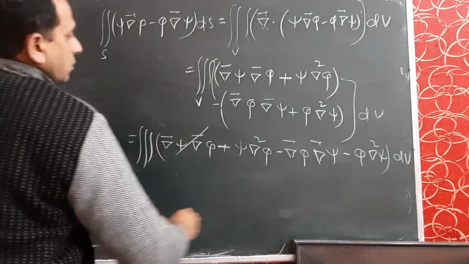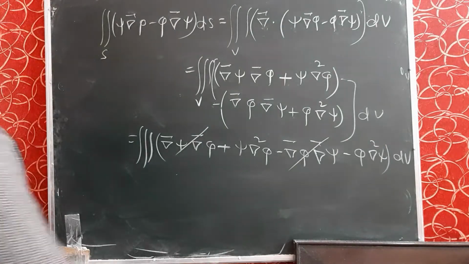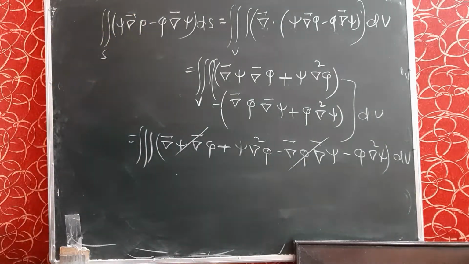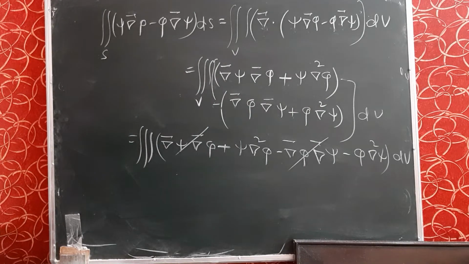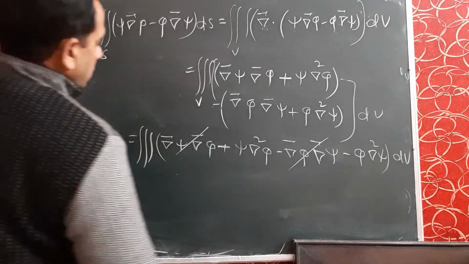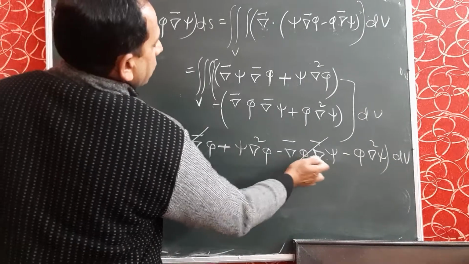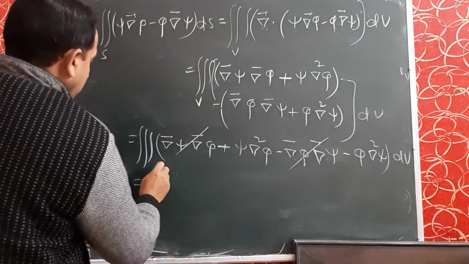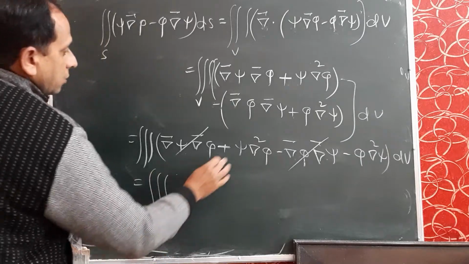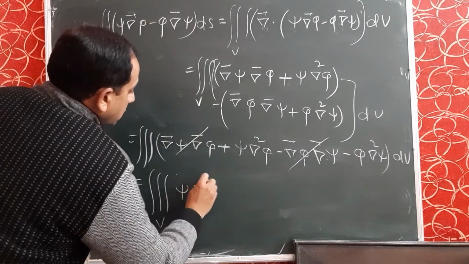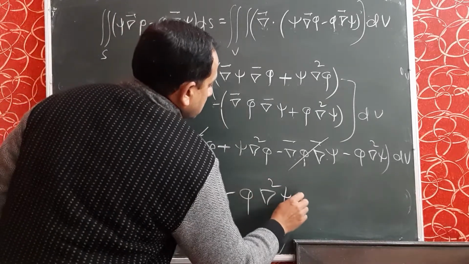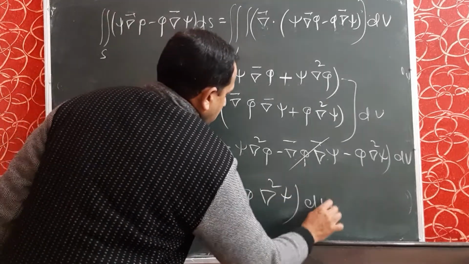Now, this term cancels with this term, because del psi dot del phi and del phi dot del psi are both the same, as in a dot product there is no difference between the first and second term. And minus and plus cancel out, and we will finally get the integral of psi del square phi minus phi del square psi into dV.